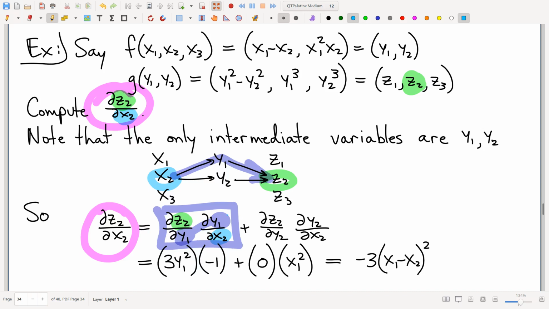So there's the y1 term, and then here's the y2 path, and here's the y2 term. And so, bam, there's my chain rule. No matrices necessary. Just go right to it, write it down. Algebra produces a diagram, produces a formula. Everybody good?